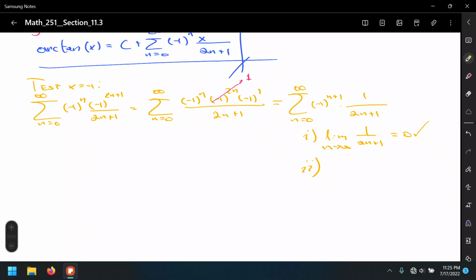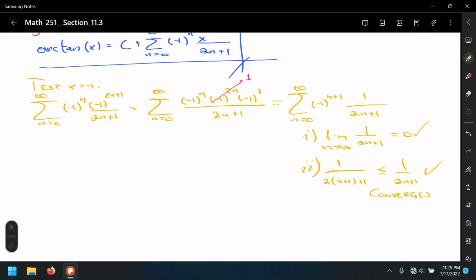Now we need to determine whether the sequence is non-increasing, that is, is 1 over 2(n+1)+1 less than or equal to 1 over 2n+1? This is true because shifting n to n+1 gives a larger denominator than on the right-hand side of the inequality, making the inequality true. So this means the series converges.